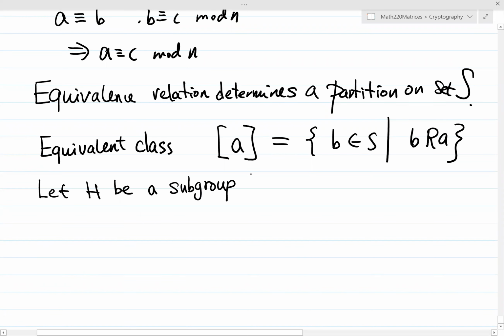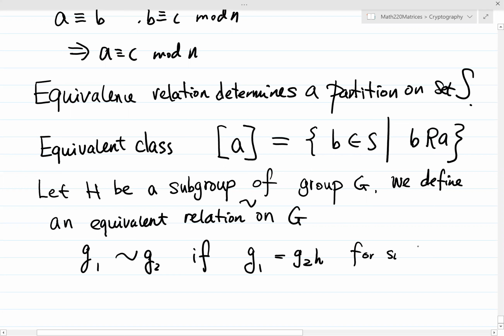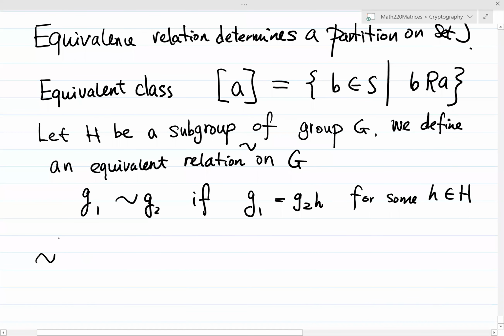A subgroup is a group and also a subset of a bigger group G. Then we can define an equivalent relation on G. So G1 is equivalent to G2 if and only if they differ by an element of H, for some H in the subgroup H. So we check this relation. One, this thing is reflexive.